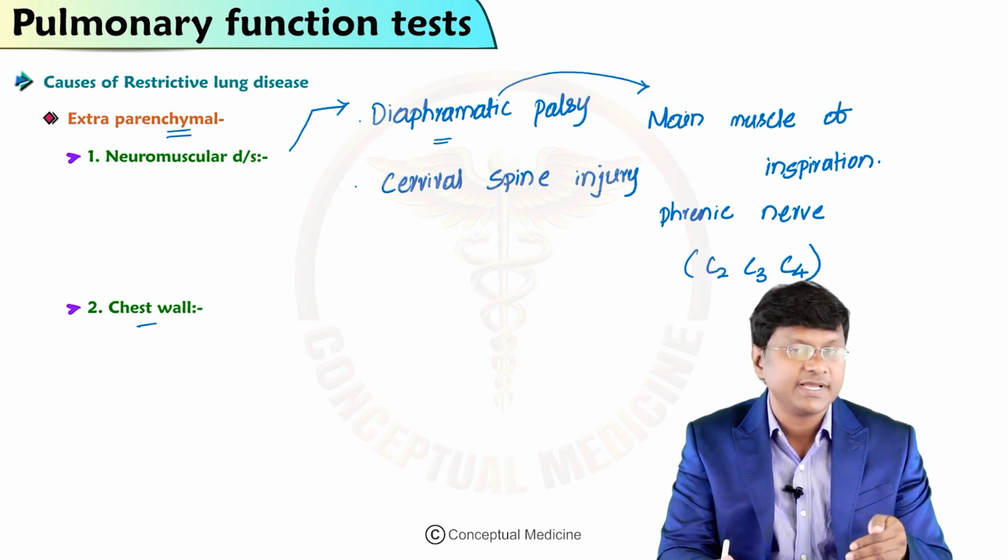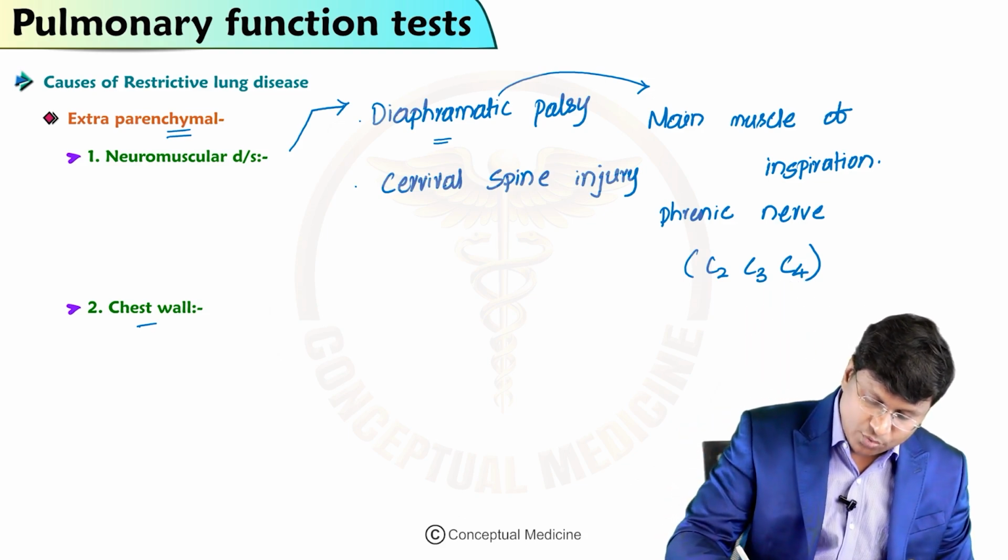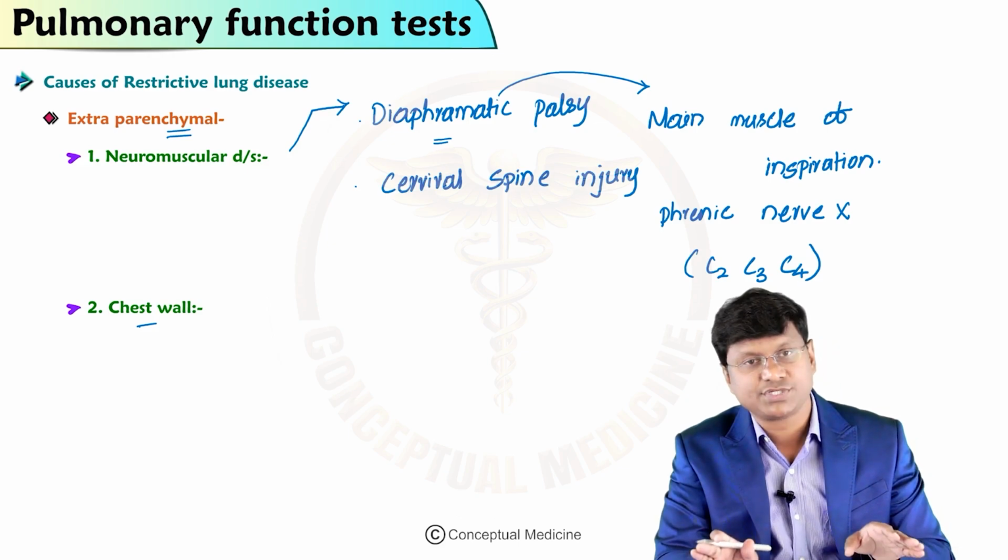So if there is a high cervical spine injury, meaning the pathology is at your C2, C3, C4 spinal nerves, then the root value of your phrenic nerve is damaged.